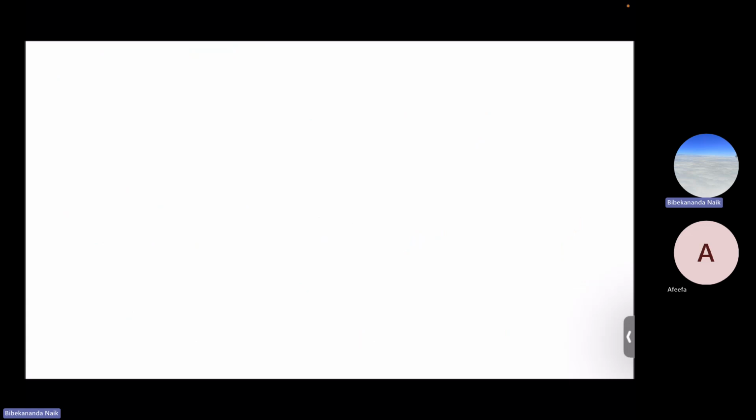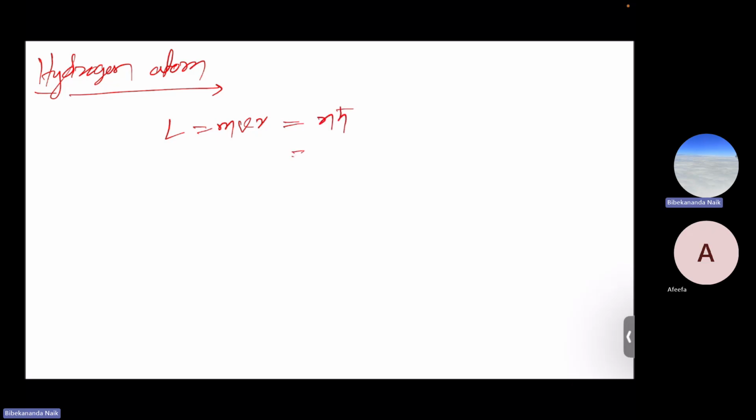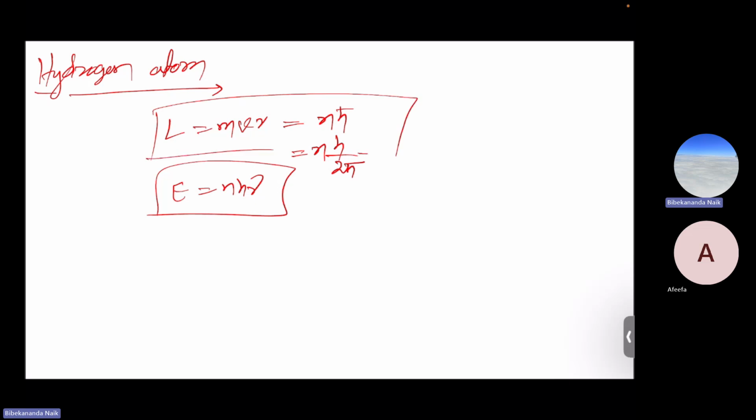According to Bohr's atom model, we developed the model for the hydrogen atom. It was based on the concept of L, which is mvr, equals nh cross or nh by 2 pi, and E equals nh nu. So these are the two quantization rules from which the model evolved.